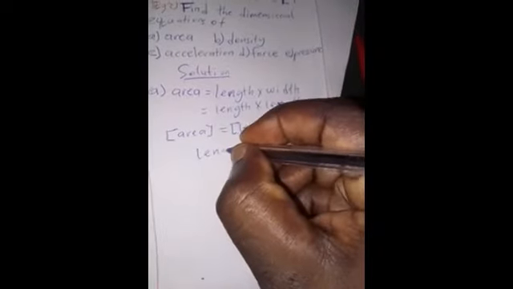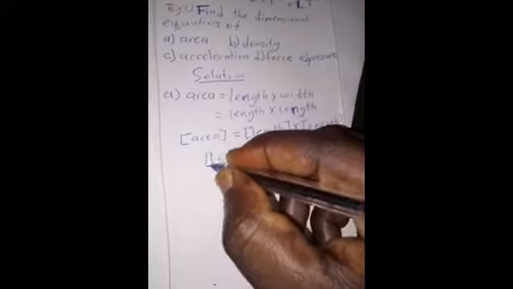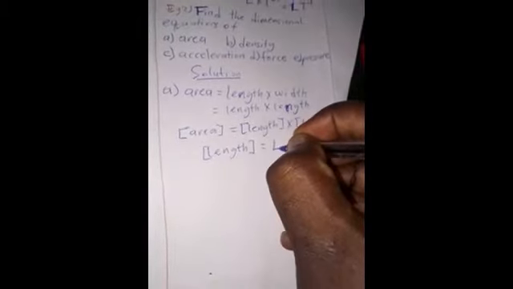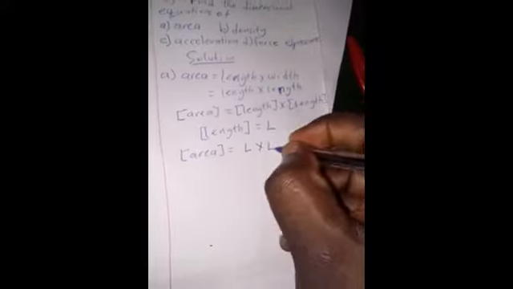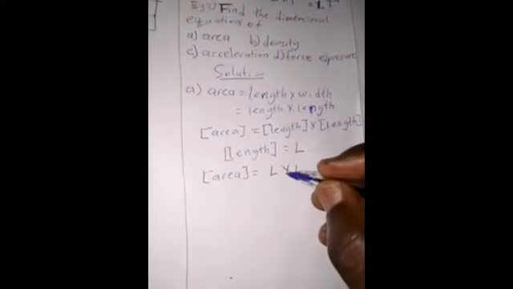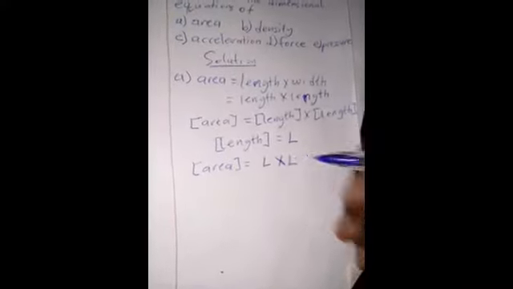And we know that the dimension of length, as I explained earlier, is just L. Therefore, area is equal to L times L. This L times L is a power of a number.